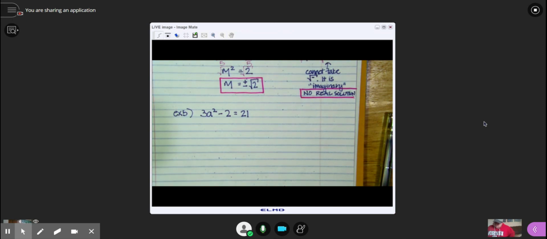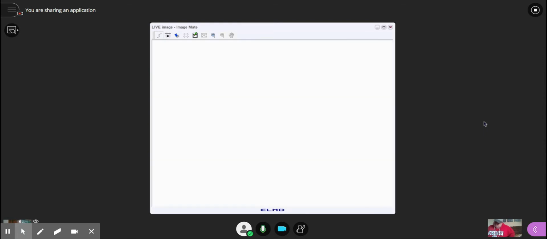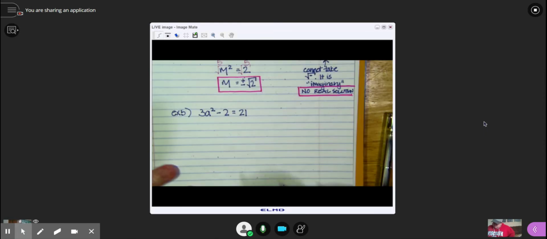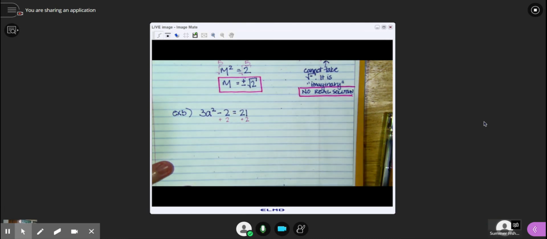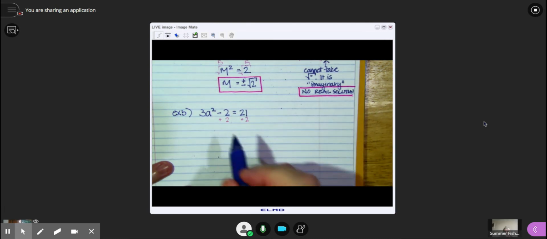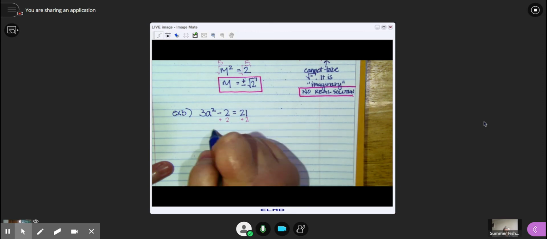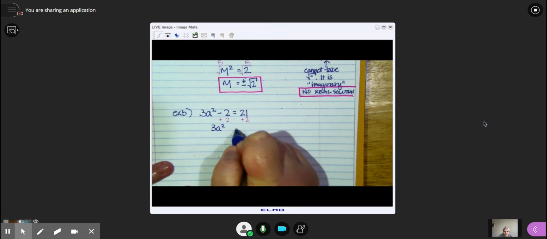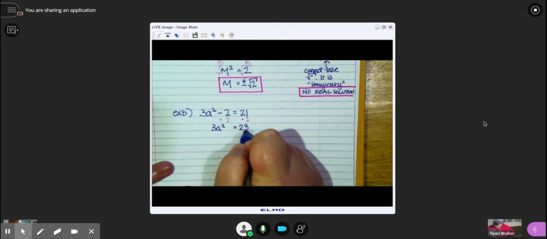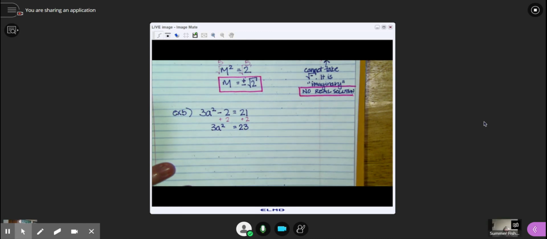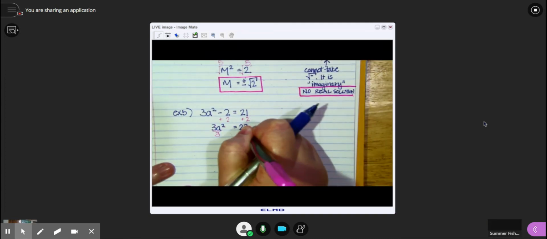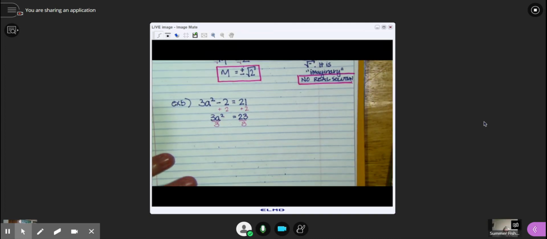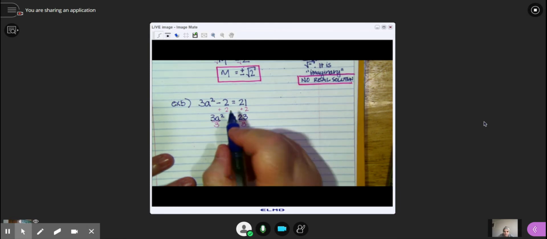All right, here I have a 3a squared minus 2 is equal to 21. So in order to get the a squared alone, I'm going to add 2 to both sides. 3a squared is 23. I'm going to divide both sides by 3.